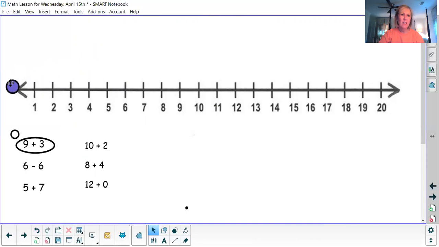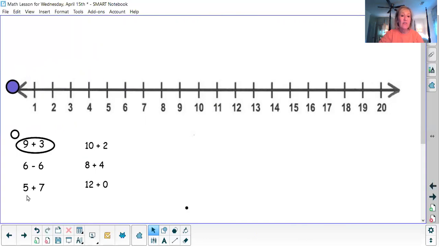Wait, I'm not even on the number line anymore. That must be 0. And you know what? That makes sense. If I start with 6 and then I take away the 6, I don't have any left. So 6 minus 6 equals 0. So that's not 12. I will not circle that one.